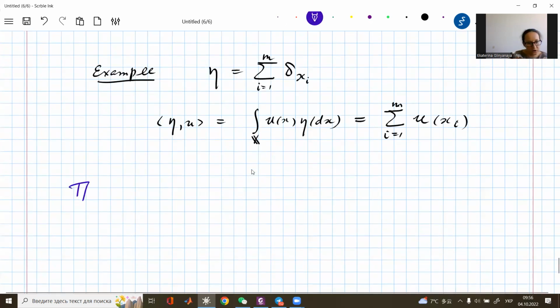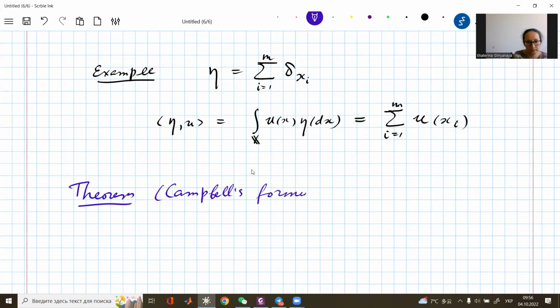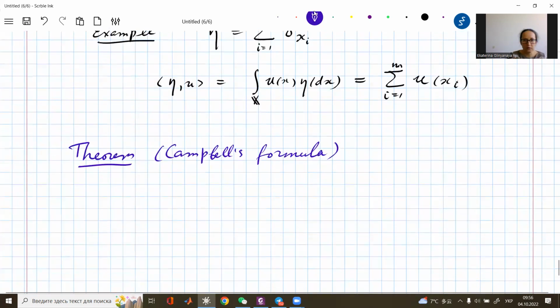So this is a theorem, the Campbell formula. It is easy to prove, but let us give the statement.